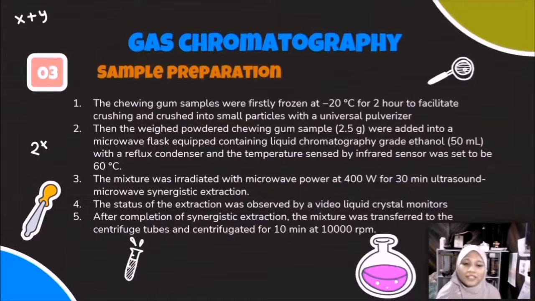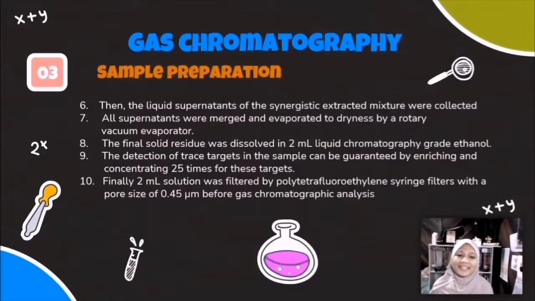After completion of synergistic extraction, the mixture was transferred to centrifuge tubes and centrifuged for 10 minutes at 10,000 rpm. Then, the liquid supernatant of the synergistic extracted mixture was collected. All supernatants were merged and evaporated to dryness by a rotary vacuum evaporator. The final solid residue was dissolved in 2 ml liquid chromatography grade ethanol.